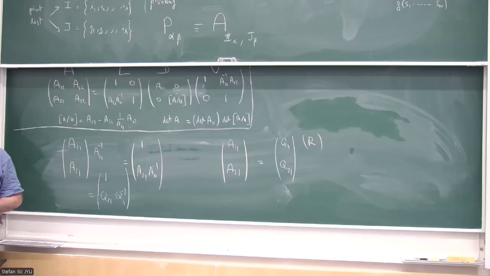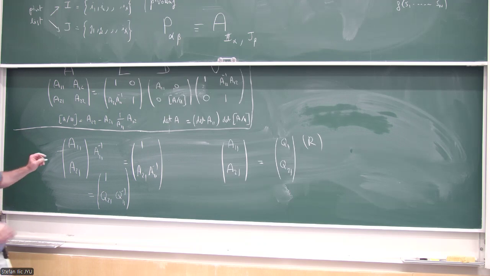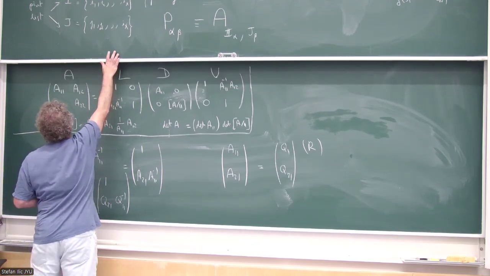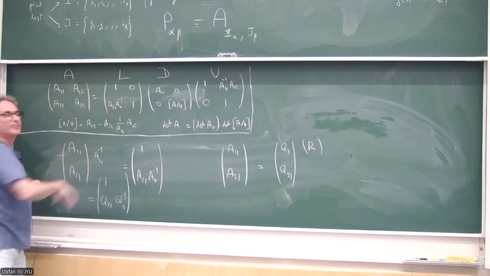Because the R contains, again, all the big and small singular values. That's one way. There's a better way. I'm not going to dwell on it, but just very quickly. You can use this formula.